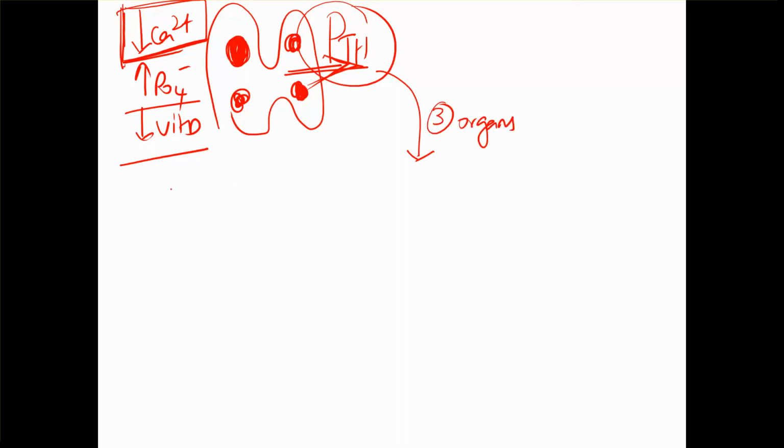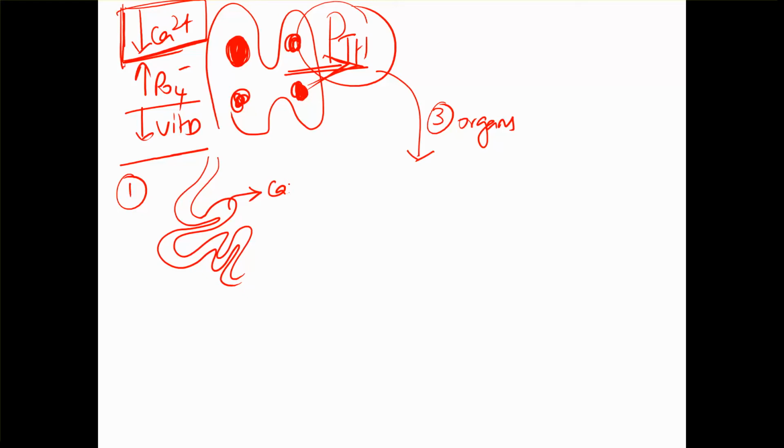Okay, so the first organ they go to is the intestine, and they increase the absorption of calcium if they have a good diet. Understand?